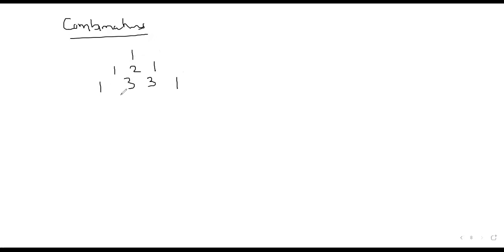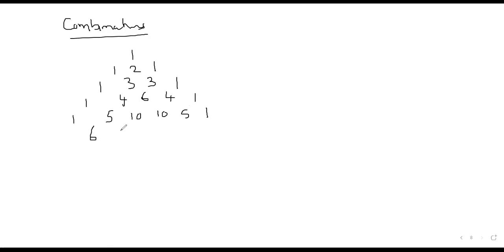1 plus 3, 4. 3 plus 3, 6. 3 plus 1, 4. Then you close with the 1 there. Somebody help me. What do we have here? 5, 10, 10, 5. Then you close with the 1s. Then 5 plus 1, 6.